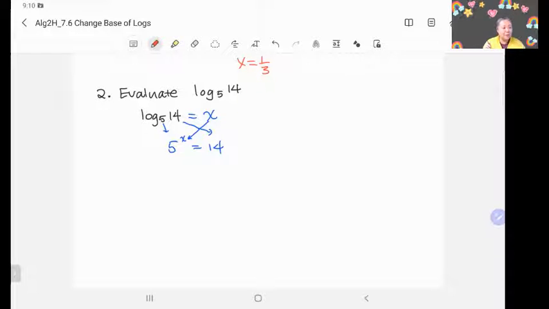You can log both sides. It's like you can square both sides, you can square root both sides, you can add 3 to both sides. So why not log both sides, right? But in this case, for our convenience, we log both sides with common log, right? Then it might be easier because we don't have to worry about writing the base.